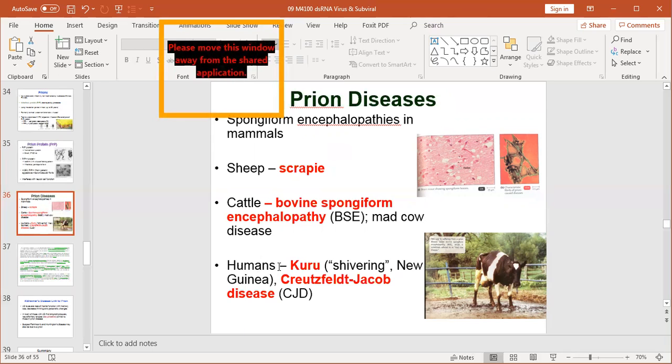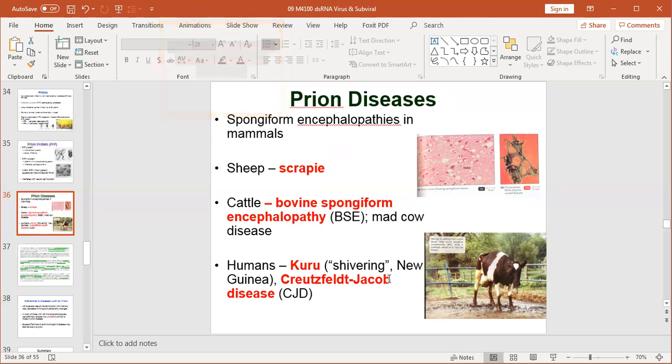In humans, we have a disease called Kuru. Kuru is a shivering disease; the patients shiver all the time. It is seen in New Guinea. Another disease is Creutzfeldt-Jakob disease, or CJD.